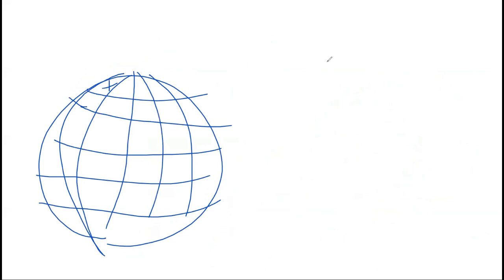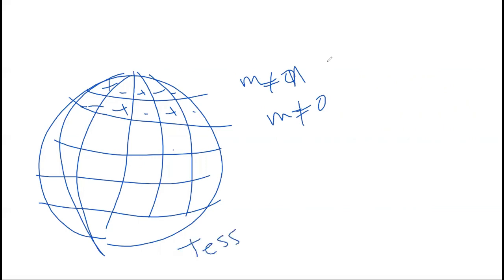So they are like this: positive, negative, positive, negative. So when m is not equal to 0, this type of harmonic is called tesseral harmonic.